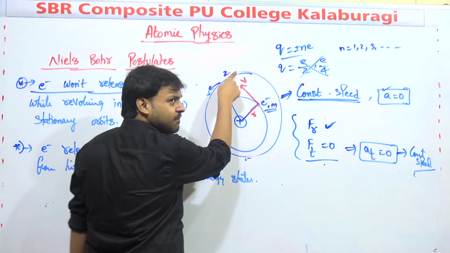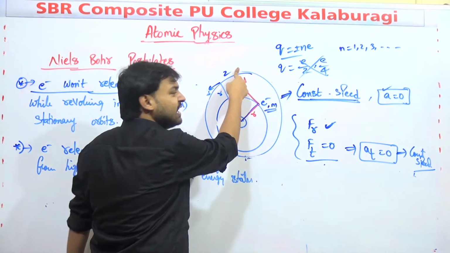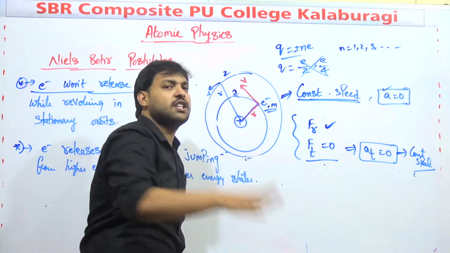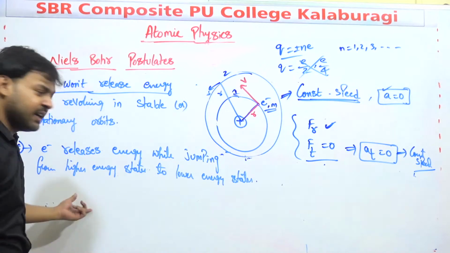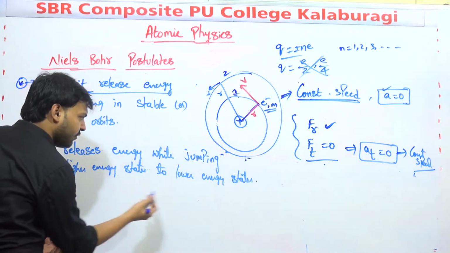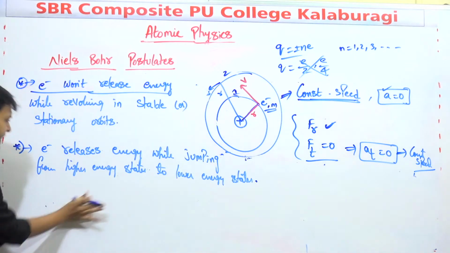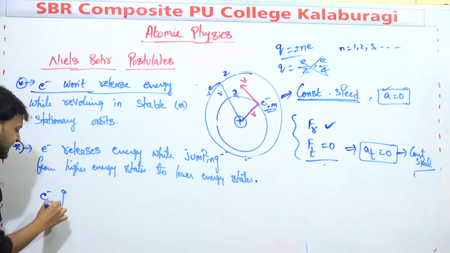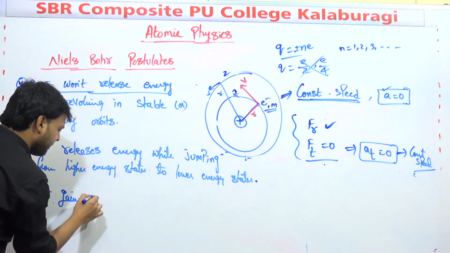While jumping from higher energy states to lower energy states, or higher stability orbits to lower stability orbits. Right? Or one more way I can write this: the electron gains some energy.